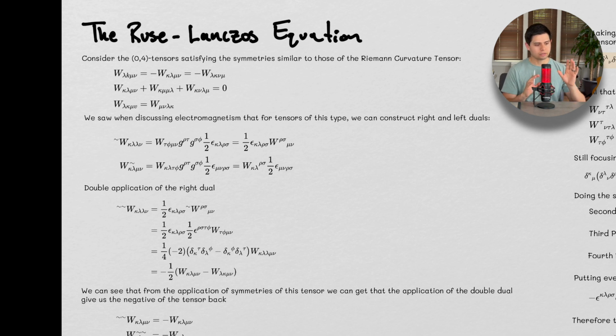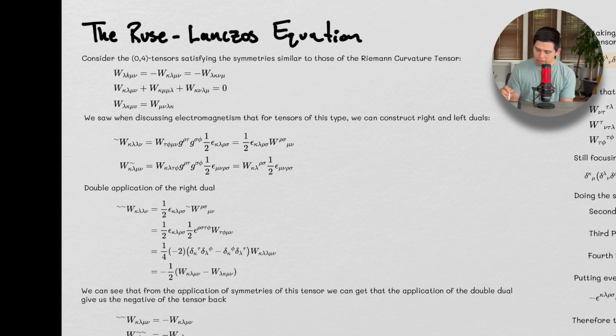We've talked about E&M. We've talked about conformal field theories in GR. We're going to move on to some actual physics, right? And the actual physics is going to be finding solutions to the Einstein field equations and so forth. Okay, that's a little bit of a divergence, but let's talk now about the Ruse-Lanczos equation.